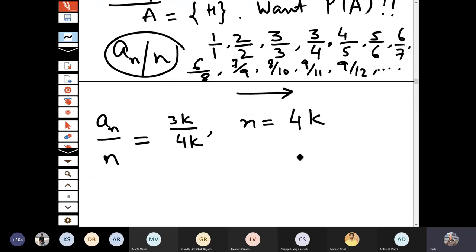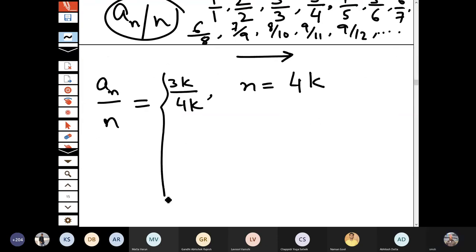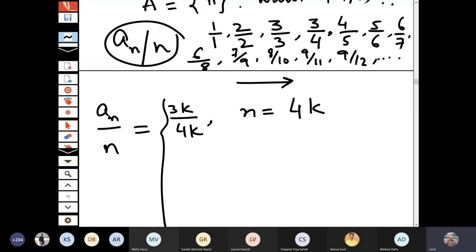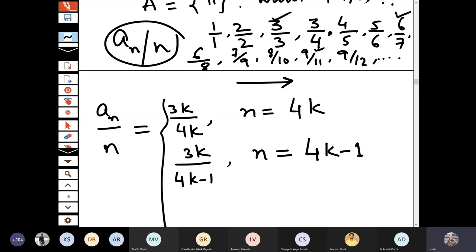So the number An/n is actually of the form 3k/4k. Now if we look at one before that, then what is the number? It is 3k over 4k minus 1. So if n is of the form 4k minus 1. Likewise, you can write for the next one also.